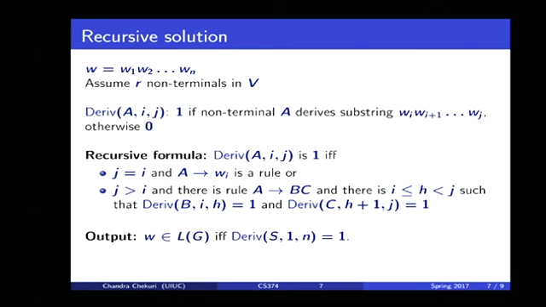If there is a rule A goes to BC and an index h, such that B derives i to h and C derives h plus 1 to j. And these are sub-problems because the length of both these strings is smaller than the length of the original string. And that's all I want to say about this algorithm, called the CYK algorithm.